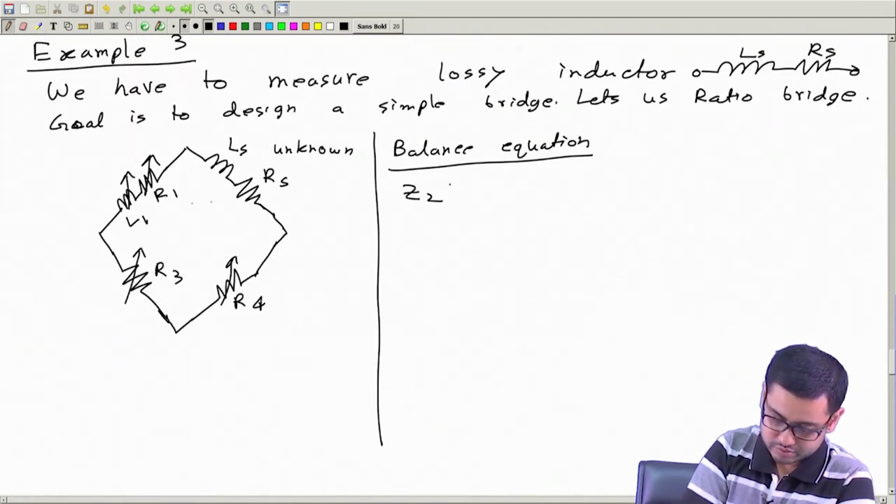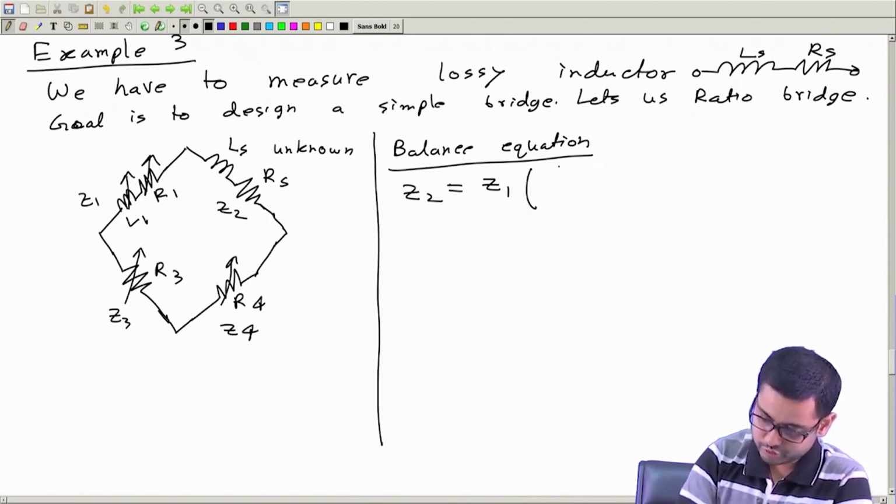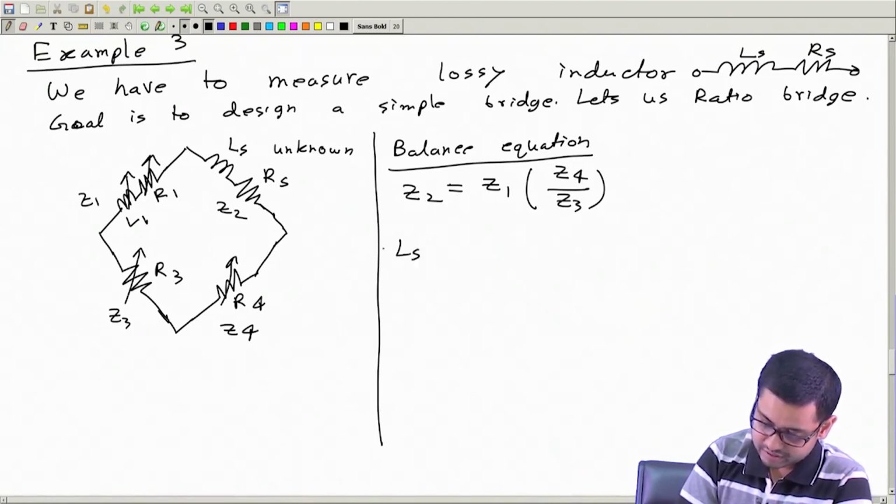This is Z1, Z2, Z3, Z4. Z2 is same as Z1 multiplied by Z4 by Z3, yes. So now here we can write j omega Ls plus Rs.